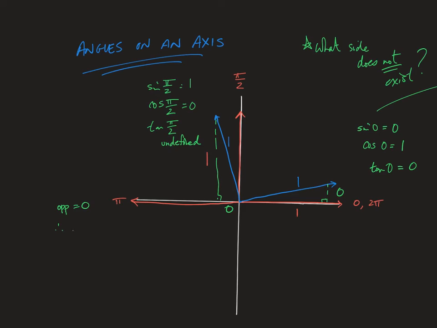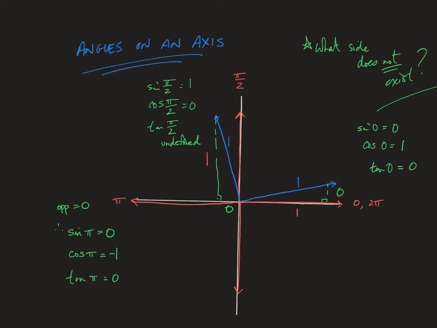So, since sine is opposite, then the sine of pi is 0. Since the opposite side is 0, then my adjacent side is everything, so 1. The only thing I have to remember is I went to the left, so it was a negative 1. My tan is opposite over adjacent. There's my 0.